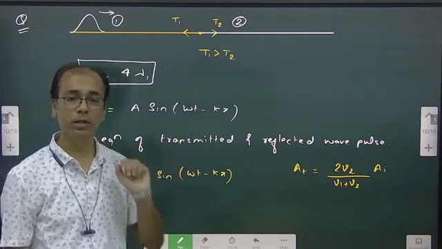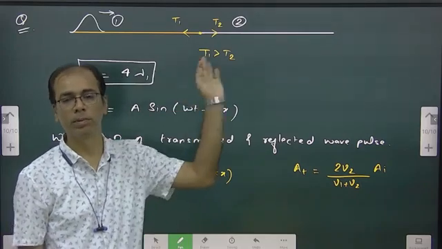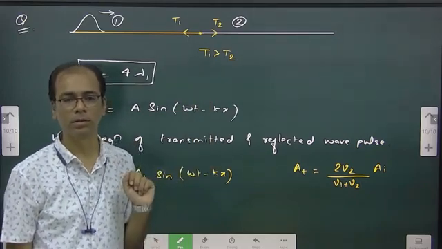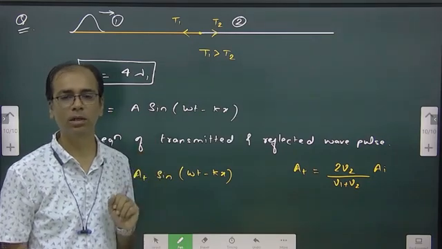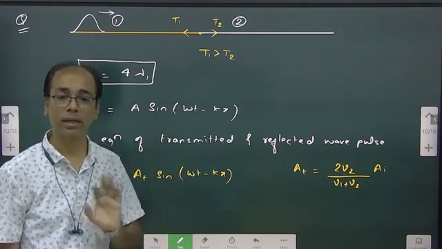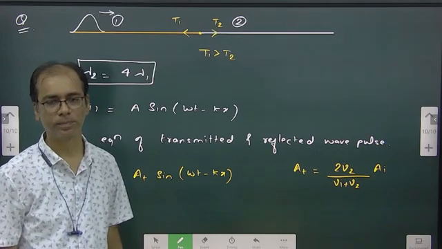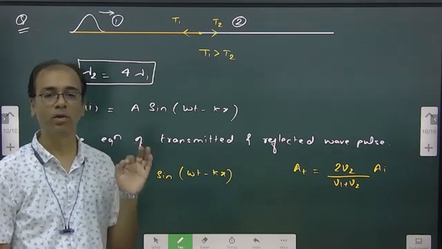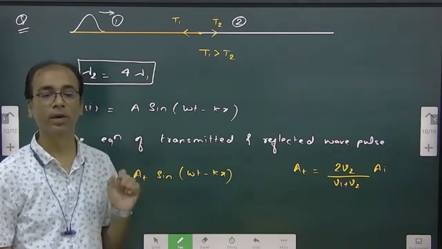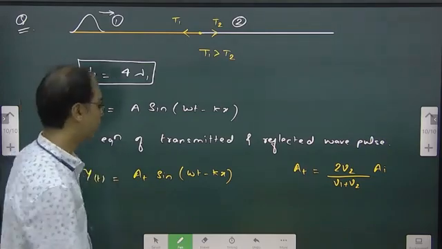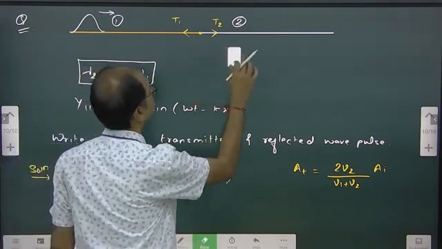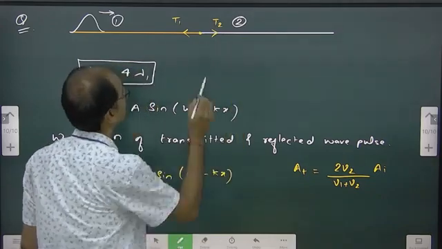And if T2 is greater than T1, then junction will be pulled in that direction. Yes or no? That means string is not at rest. That does not happen. Junction will always be at rest. When can it be at rest? When T1 is equal to T2. So remember that at junction, tension in both the strings will be same.